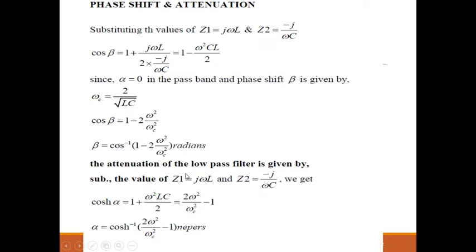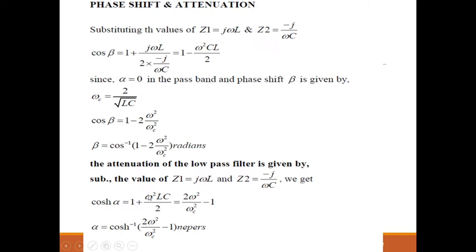The attenuation of the low pass filter is given by substituting the same values of Z1 and Z2 in the general expression of the attenuation constant, that is cosh alpha, which should be equal to 1 plus Z1 by 2 Z2.